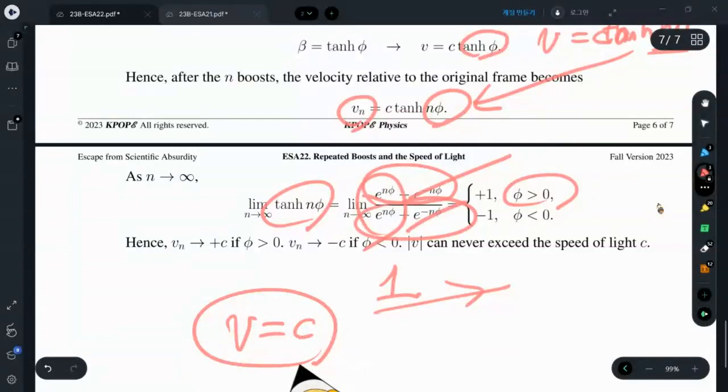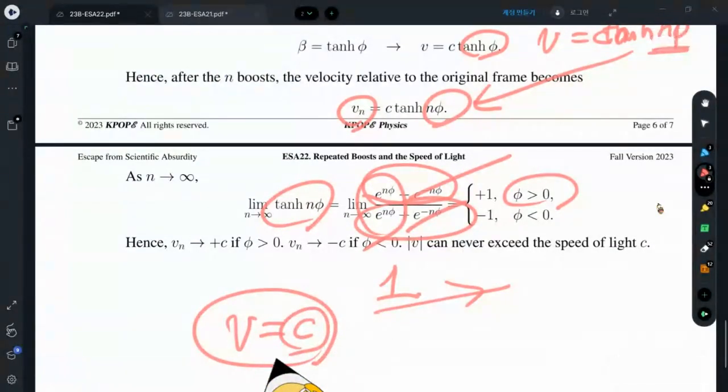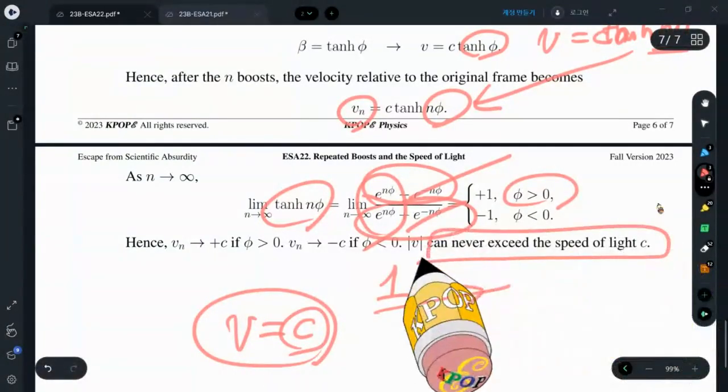So whatever energy you give a particle, even boosting it up with infinite energy, that infinite amount of energy transforms the velocity of the particle while still keeping the upper bound, the speed of light. You can never exceed the speed of light. That's it.